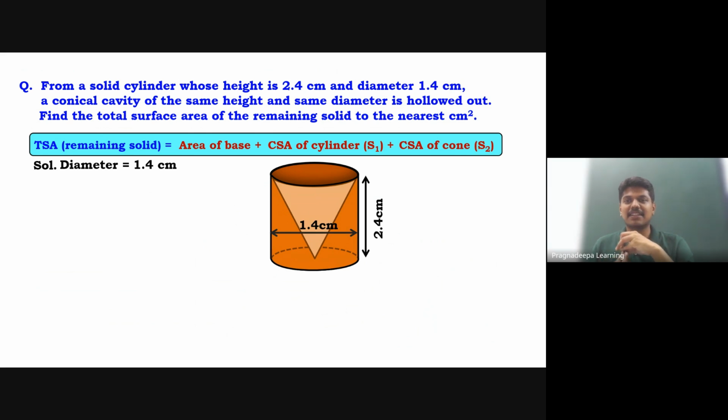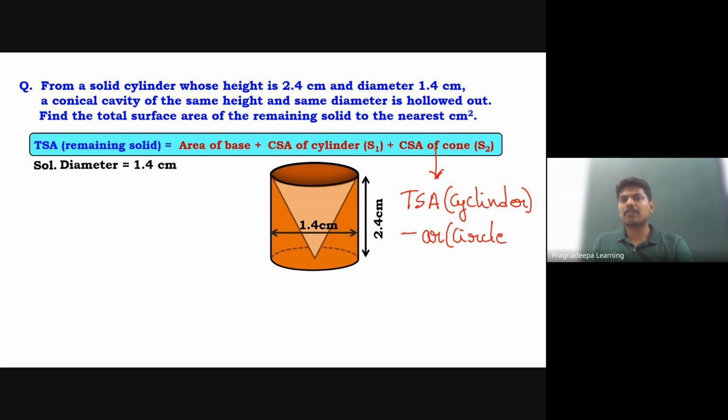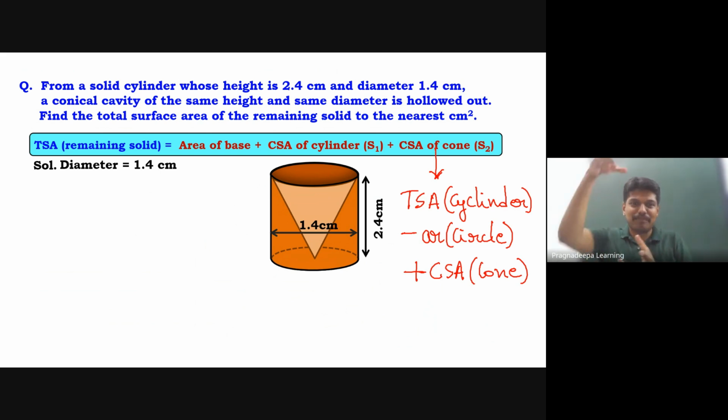Is it clear? Yes, sir. So what I mean to tell is, instead of using this, you could have used the total surface area of the cylinder minus the area of the circle plus the curved surface area of the cone. You could have used this. Since I had already explained this in one of the problems, I thought of adding one circle, considering the curved surface area, and putting the CSA.